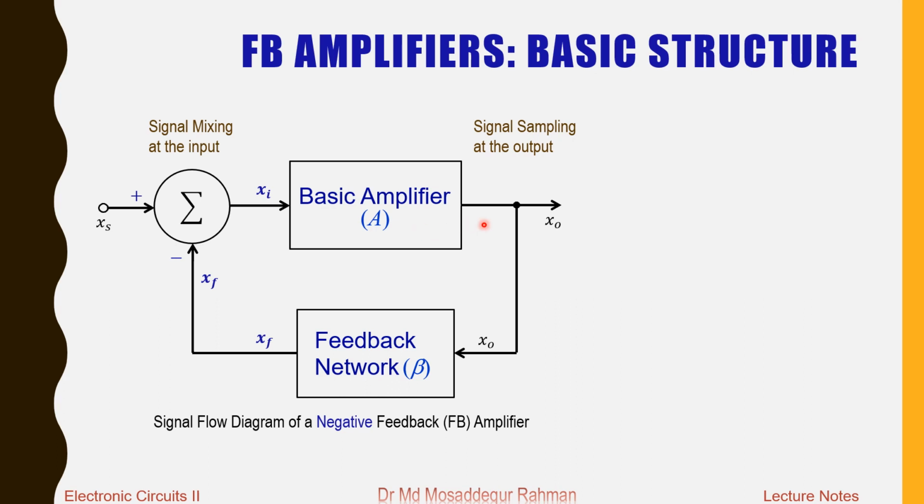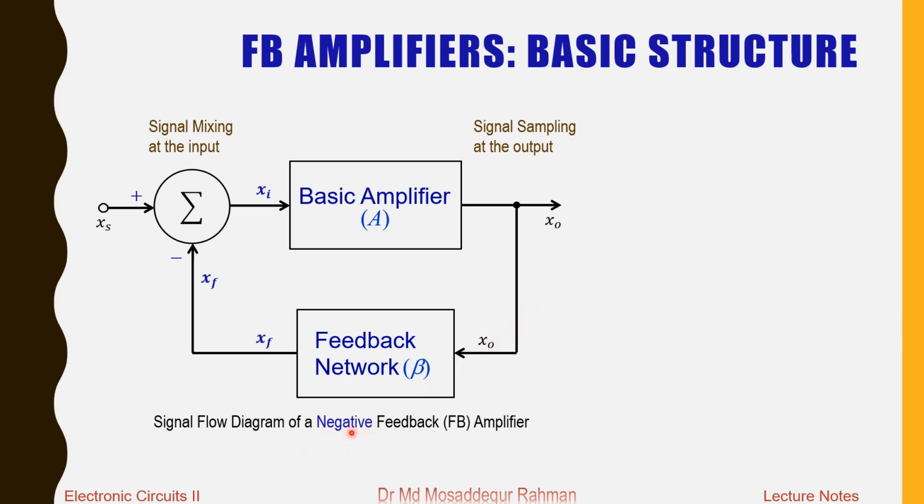So this is how the feedback amplifier works, and this is the basic structure. This diagram is also known as the signal flow diagram of a negative feedback amplifier, showing how the signal flows through a feedback amplifier.